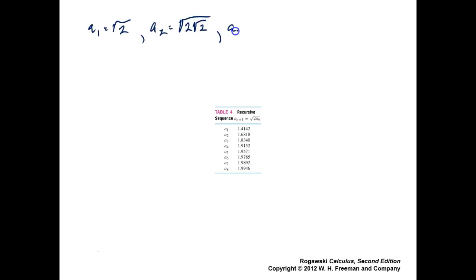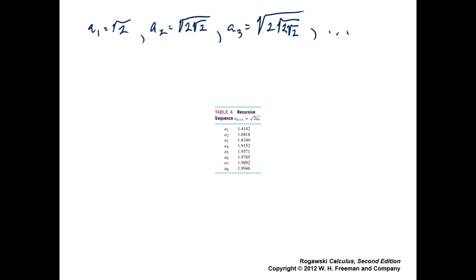A sub 3 is the square root of 2 times the square root of 2 times the square root of 2. Dot, dot, dot. Now, frankly, I think the increasing part is probably going to be a little bit easier. And here's why.